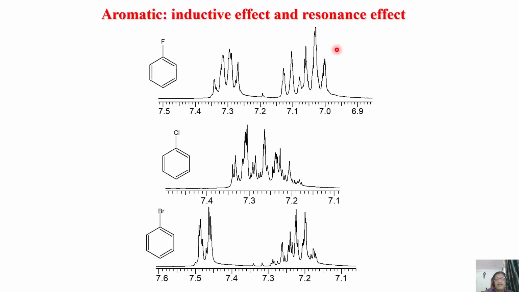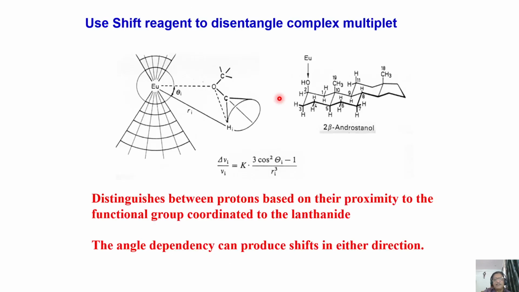Of course, with the aromatic inductive effect of fluorine, chlorine and bromine, with different electronegativity of the substituent, the spectrum drastically changes. You can see the change in the spectrum in how ortho, meta and para protons move, and in the same way you can work it out. This is again the inductive effect on aromatic systems.